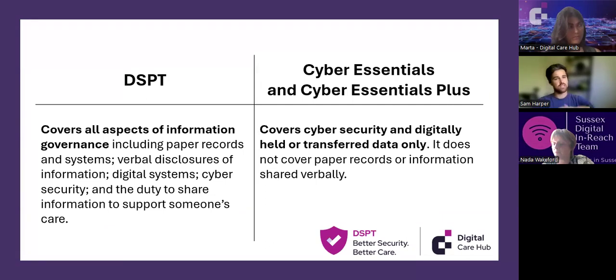So DSPT will cover off all areas of information governance. Whereas Cyber Essentials and Cyber Essentials Plus will cover cybersecurity and digitally held or transferred data only. So it does not cover paper records or information shared verbally. And that's what you will get by completing DSPT. You'll cover off all of those aspects.